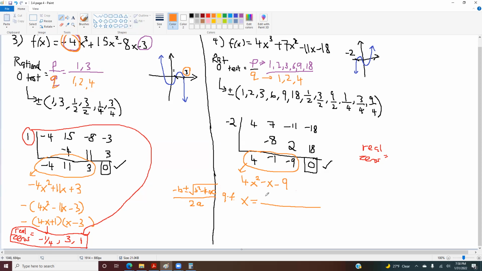So you will get 1 plus or minus the square root of b squared, which is 1, minus 4 times negative 4 times negative 9, all over 8. So when you multiply this, you get 145? I don't think so.